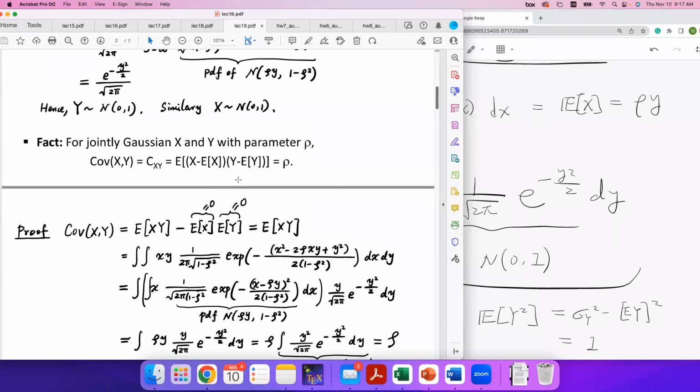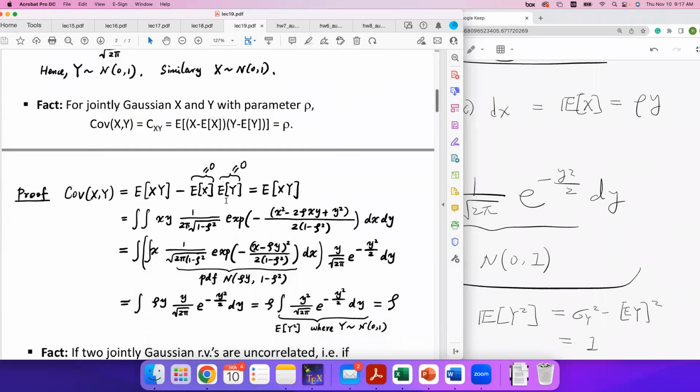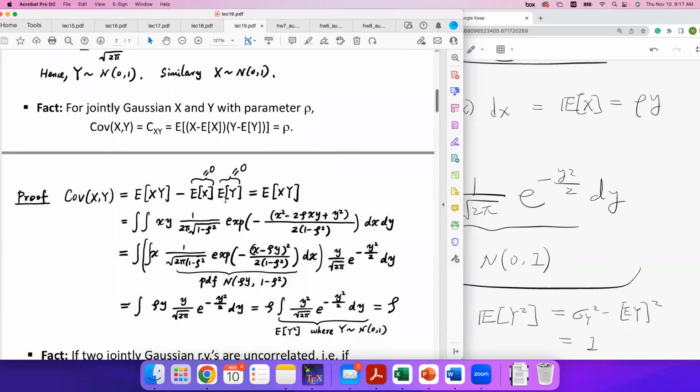This is a trick that we will need to use when dealing with joint Gaussian, or in the future, many high-dimensional Gaussian PDFs. You don't really have to compute these integrations. You just need to rearrange the terms in a way so that some of them correspond to a certain Gaussian PDF.